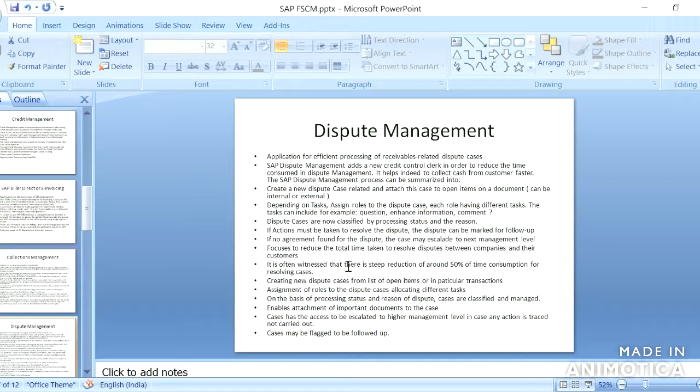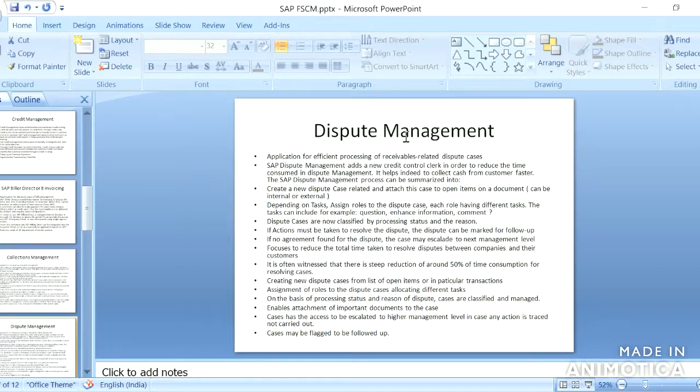So the dispute case is related to dispute management. This application helps in efficiently processing receivables-related dispute cases. Dispute cases are handled by dispute management.